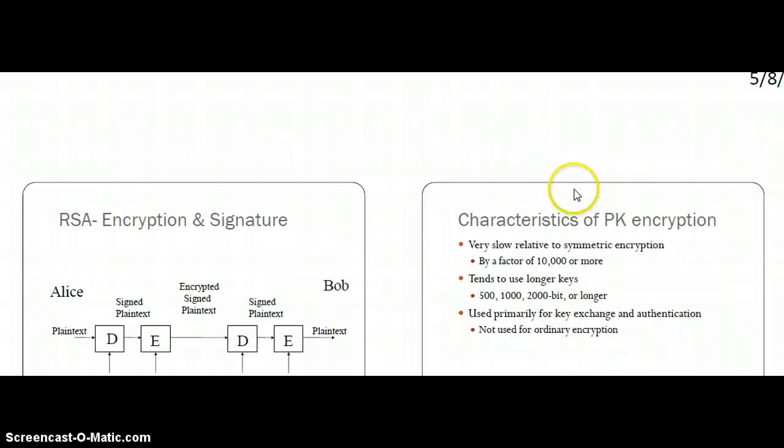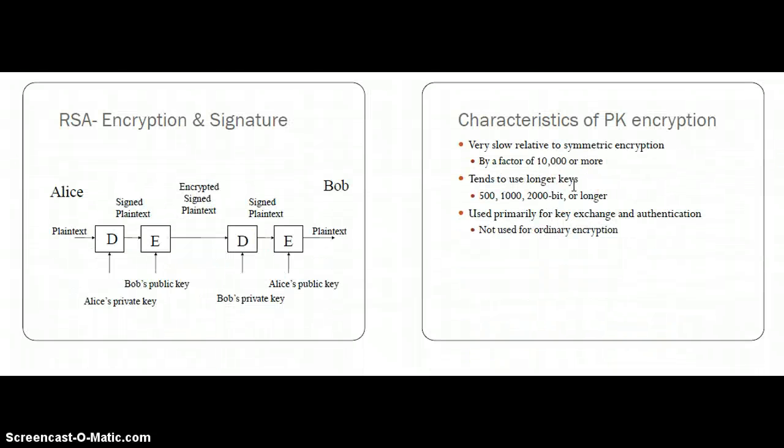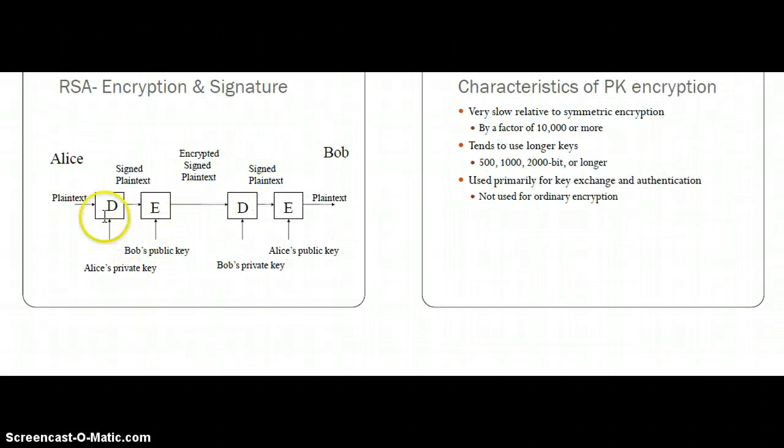RSA is used for encryption and digital signature. One of the applications is shown here as a block diagram. This is the plaintext of the user Alice, and this is the destination, the receiver, Bob. Alice would like to send a message to Bob.